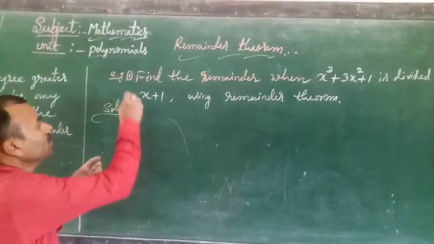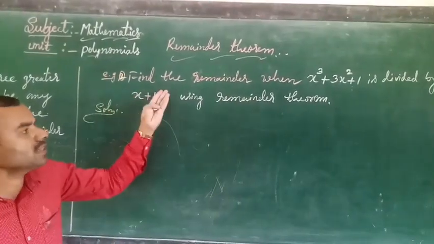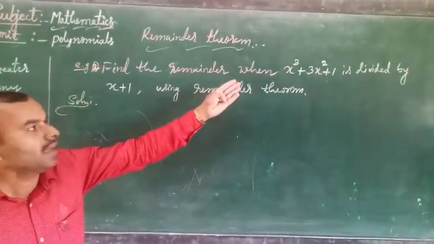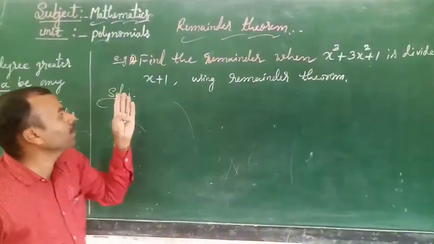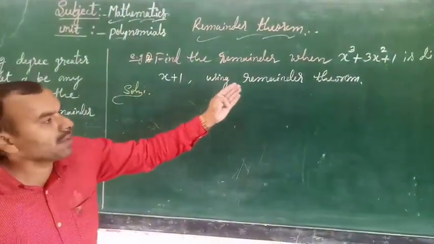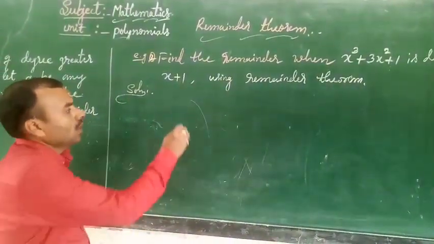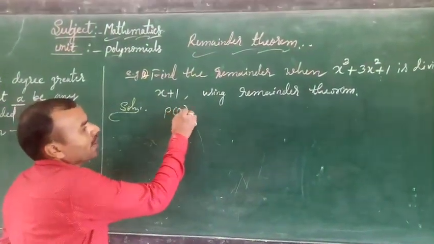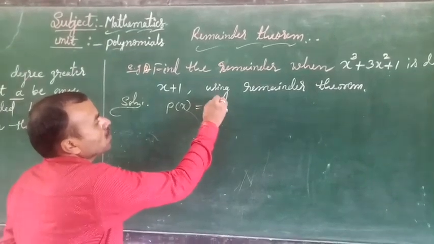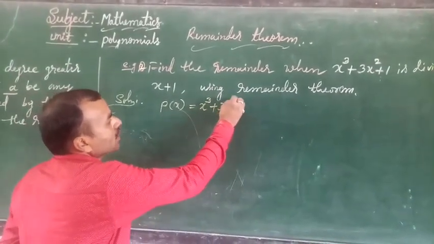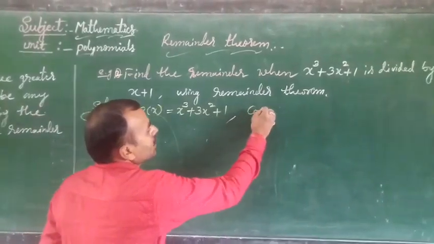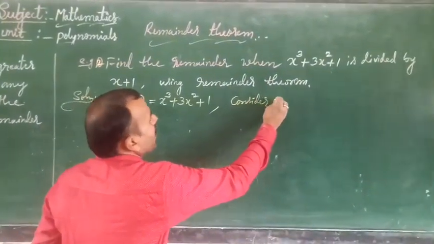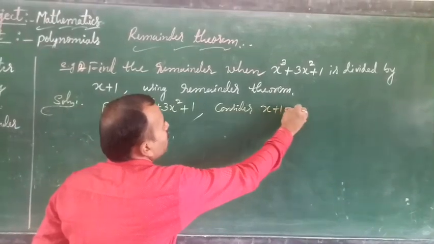Next problem. This is example 2. Find the remainder when x cube plus 3x square plus 1 is divided by x plus 1 using the remainder theorem. We consider p of x equals x cube plus 3x square plus 1, and now consider x plus 1 is equal to 0.